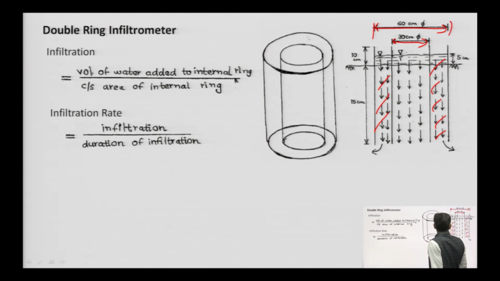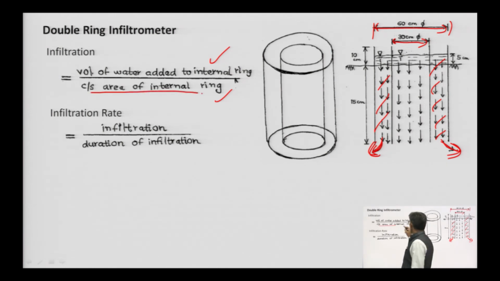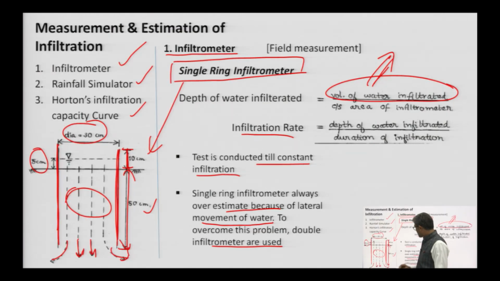The quantity of water coming through that ring is recorded, and we use the same expression as in the previous case. The cross sectional area of the internal ring can be calculated since we have the values of the diameter.